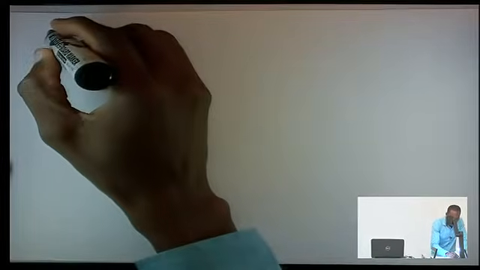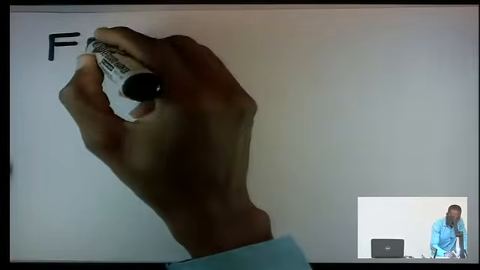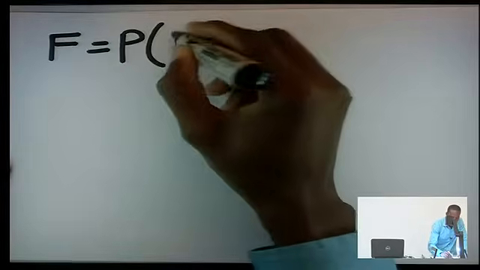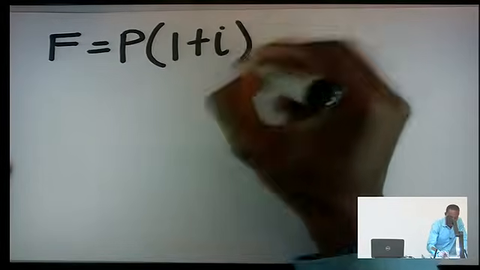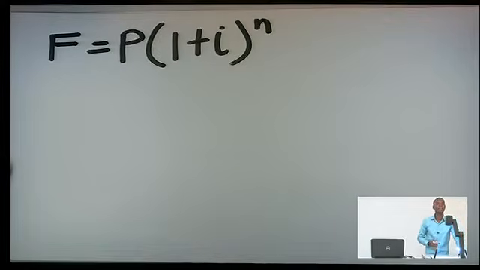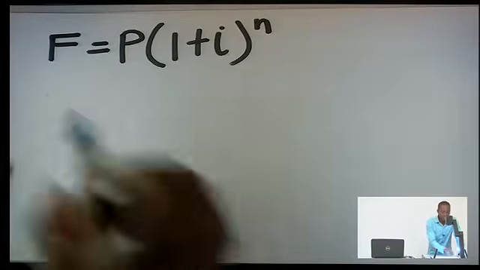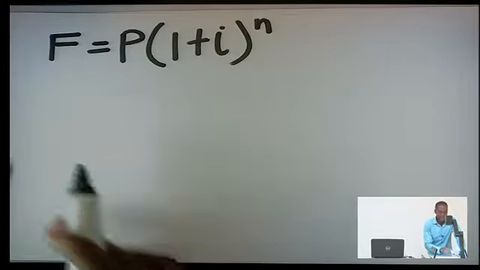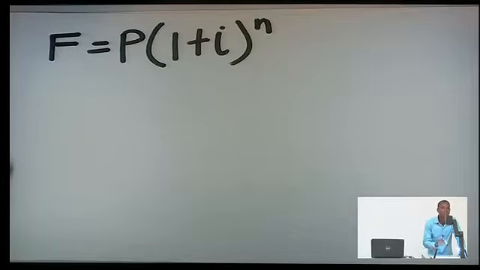Just have this at the back of your mind: if we want to find the future sum of a certain amount of money, let's say today I have a certain sum, and I want to know how much that sum is going to be someday in the future, this is just the basic expression that helps us identify that. In fact, this expression forms the basis of everything we are going to do from this point onwards. So just have this formula at the back of your mind. It's not like memorize it, because it's nothing exceptional.